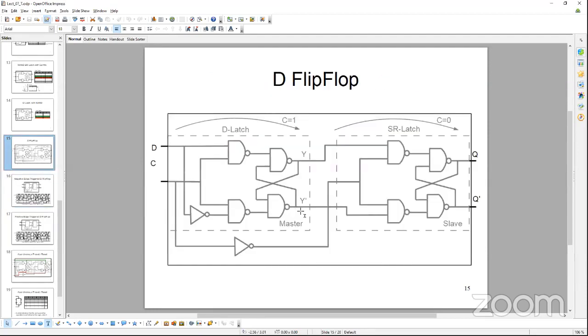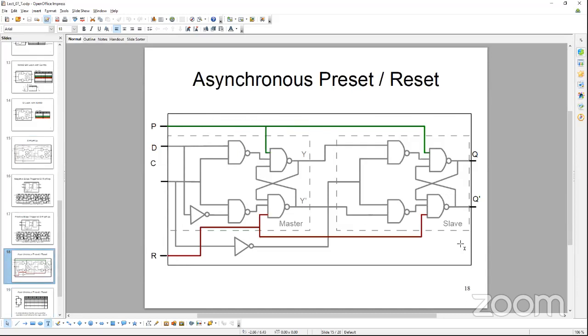We cannot guarantee it simply by having a feedback circuit like this. We don't know exactly, when we power up this circuit, what the initial Q value is at this point, or what the initial Y value is at this point. So we need a mechanism to set this output value to a known logic. And that's where the preset reset comes in.